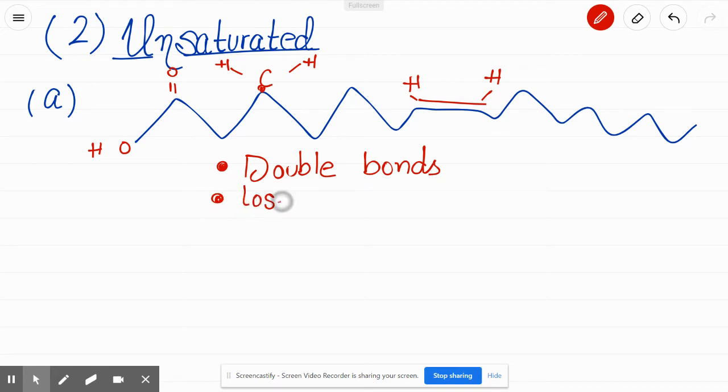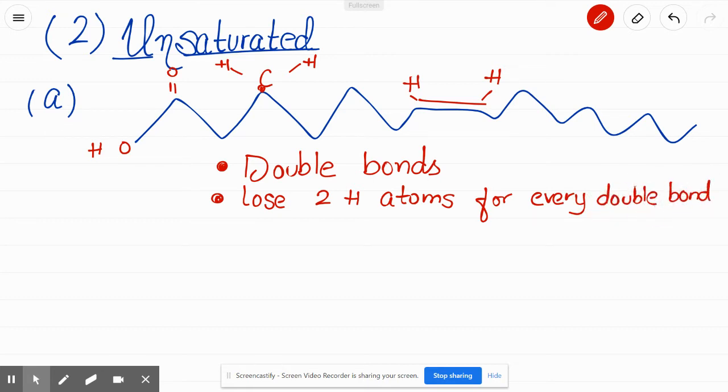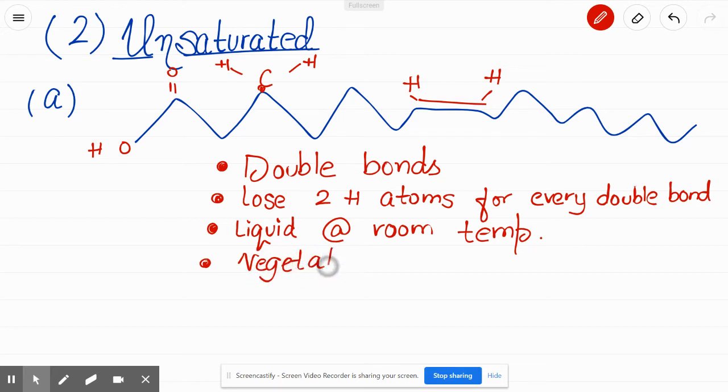So basically you're losing 2 hydrogen atoms for every double bond. And they tend to be liquid at room temperature. One example could be vegetable oil.